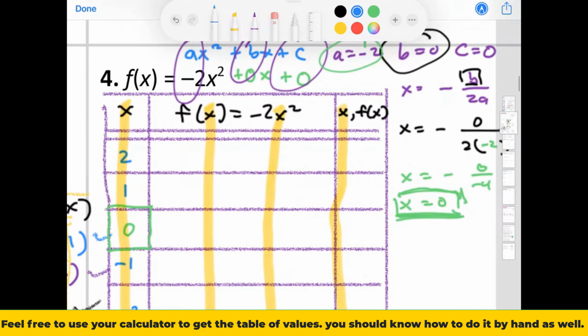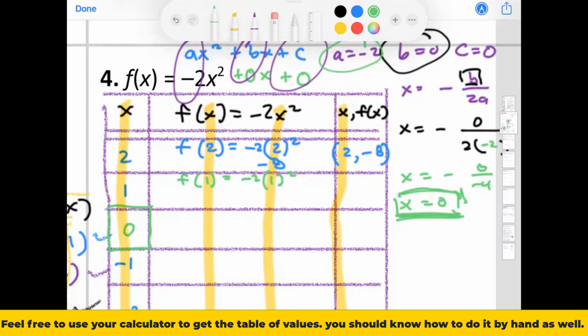All right, let's see what we got. F of 2 equals -2 times 2 squared. Don't forget your PEMDAS. So 2 squared is 4, and 4 times -2 is -8. So my answer is -8, and I put in an input of 2. 2 comma -8. All right, let's do 1 here. F of 1 equals -2 times 1 squared.